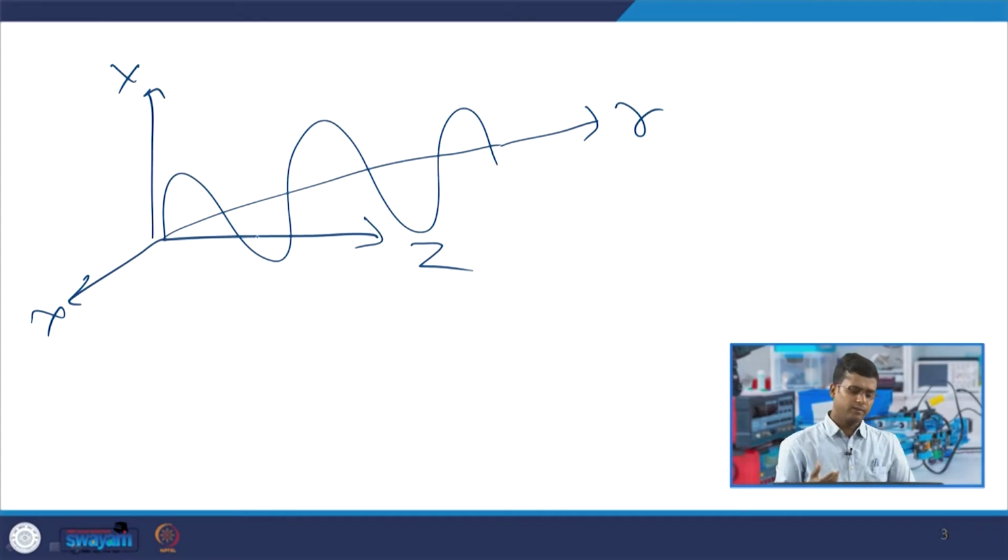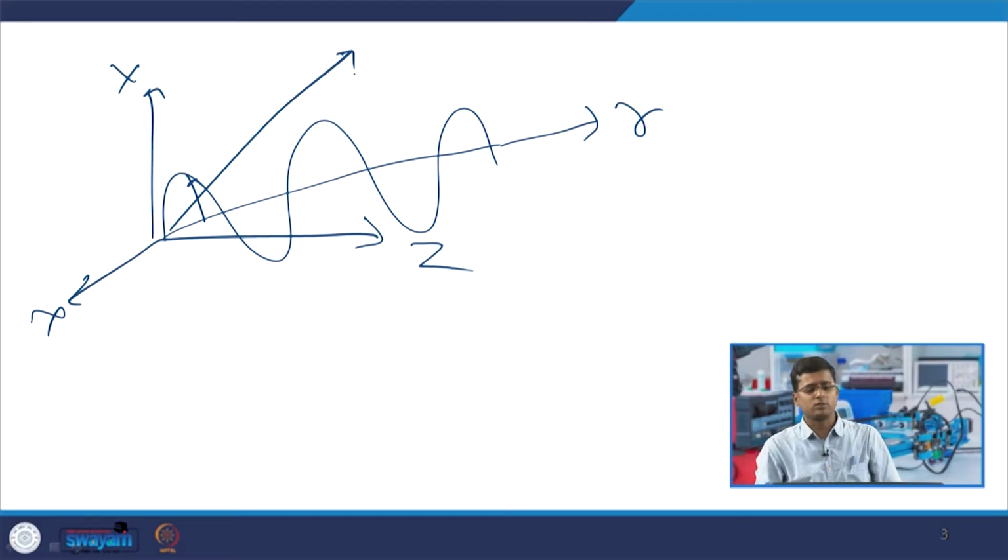Then it will have electric field components in all the x, y, z coordinates. You can resolve it into two orthogonal polarizations. We will come to that, and any other configuration will be a combination of these two independent solutions.